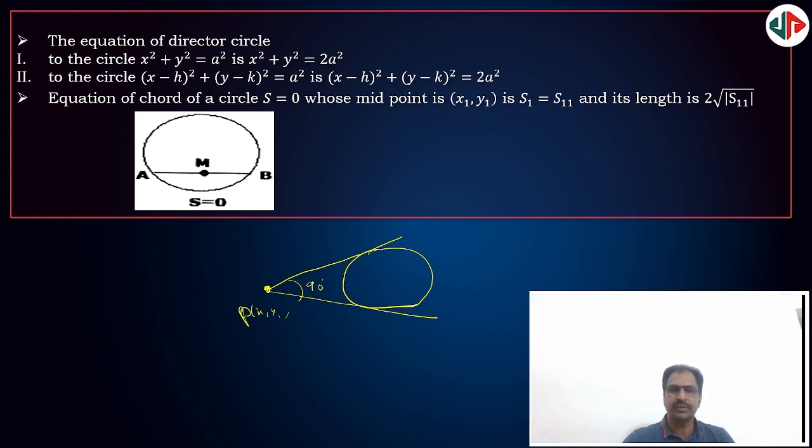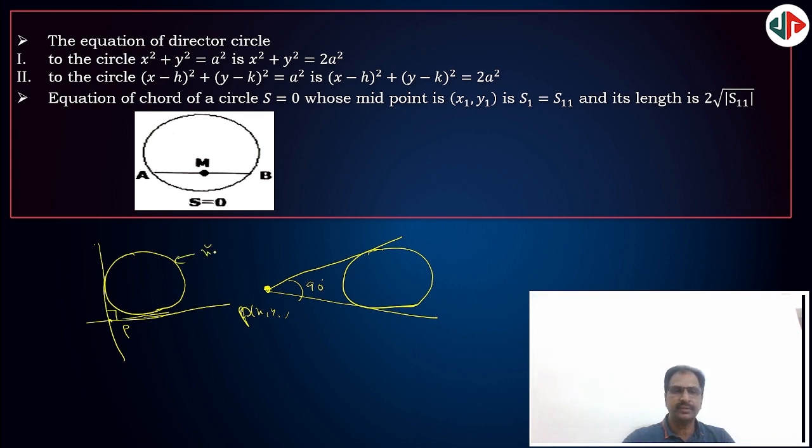It is the intersection point of perpendicular tangents. You can draw a diagram like this. Draw two perpendicular tangents. The locus of the point of intersection of perpendicular tangents. P is the point of intersection of perpendicular tangents. The locus of such a point is known as the director circle.